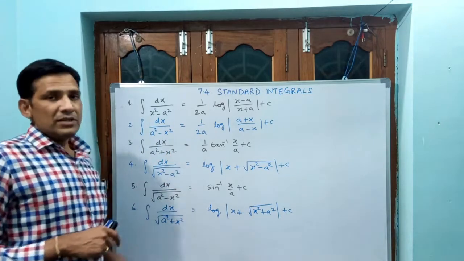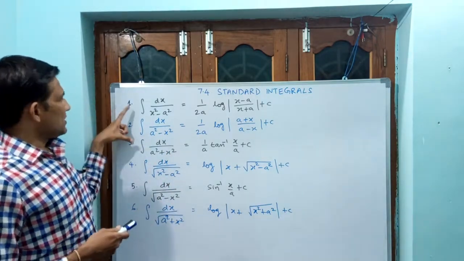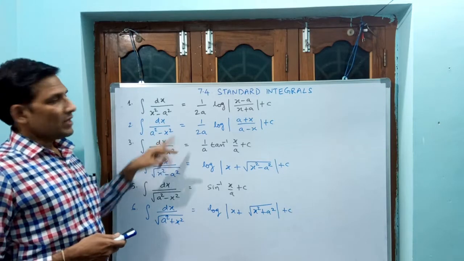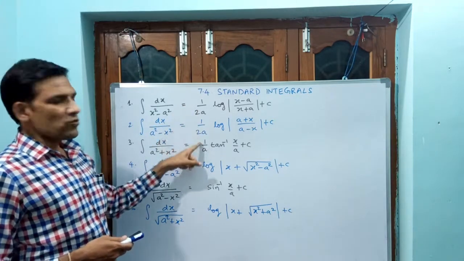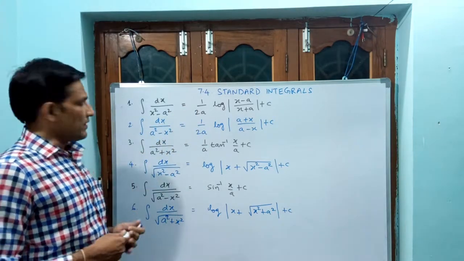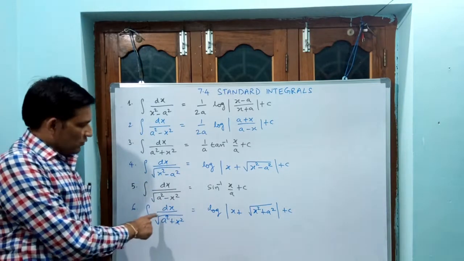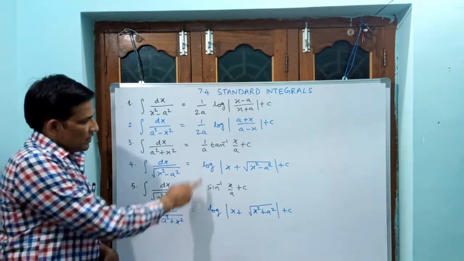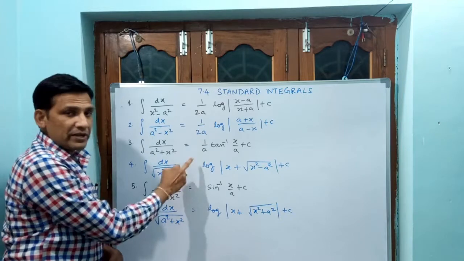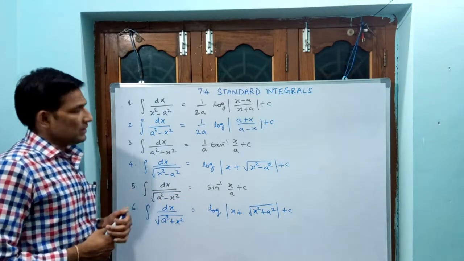If you observe carefully, the first 3 are without root, and here 1 by 2a has come. The remaining 3 are with square roots in the denominator, and no 2a has come. You have to understand that carefully.